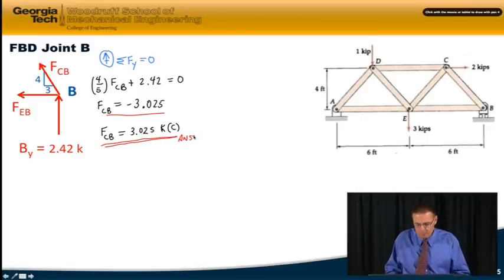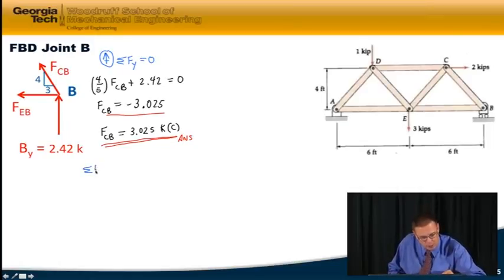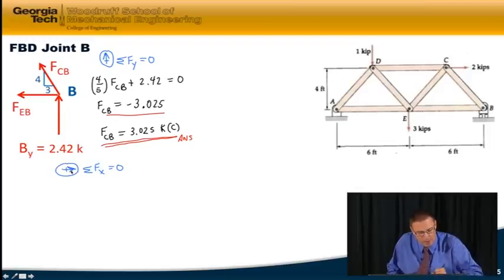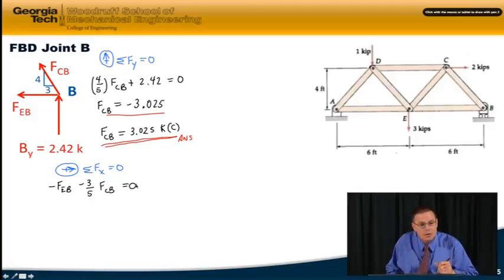Keep on going. Let's sum the forces in the X direction, set it equal to 0. And I've got minus FEB minus 3/5 of FCB equals 0.